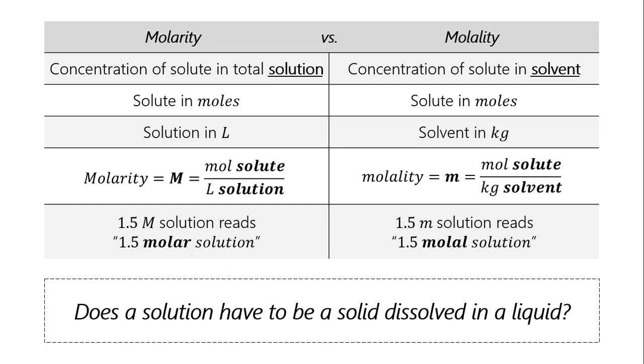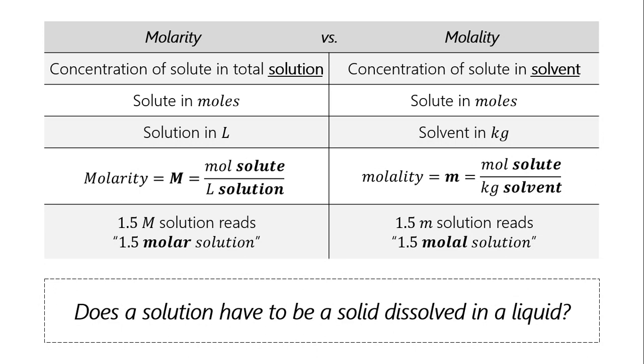It'd be easier to calculate the molarity because it's easier to calculate the liters of total solution that you are working with: set out a box or a bottle, a beaker or something that you can measure the volume inside of. Whereas with molality, it would be hard to measure the mass of just the original gas before they get mixed. Okay, so there are kind of advantages to each.